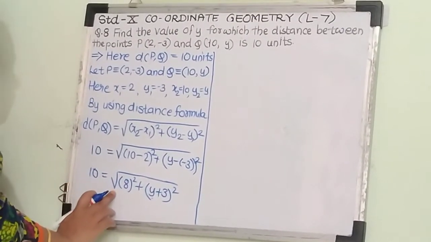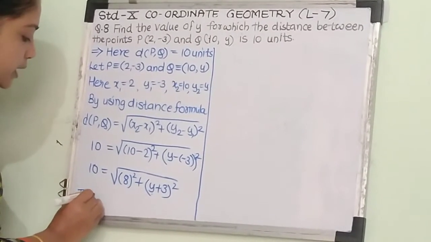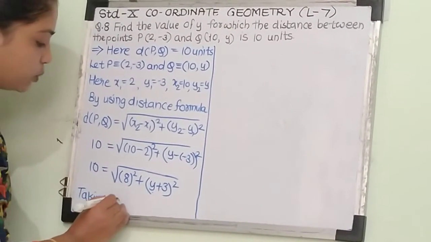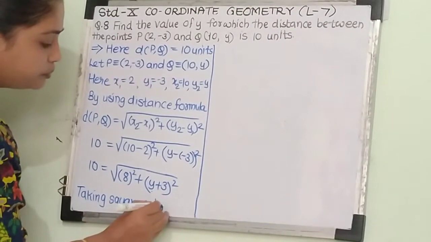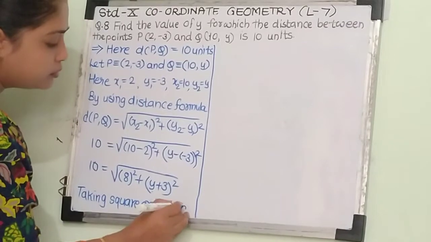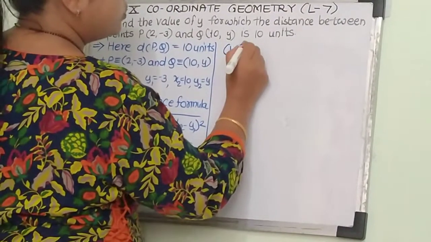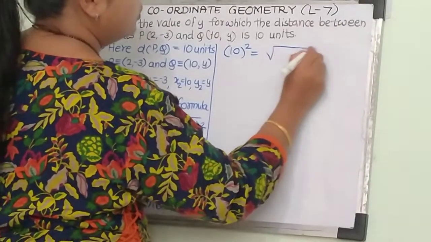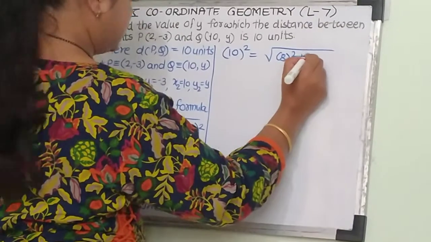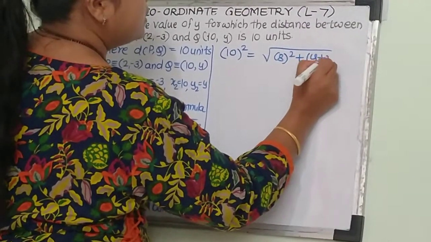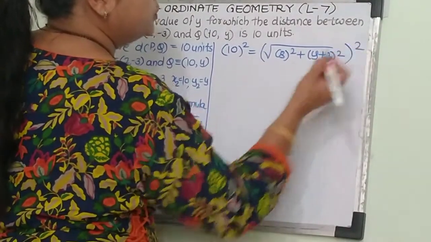See, here is a root on one side and here is a whole number. So we have to remove this root, we have to take square on both the sides. So taking square on both sides, we get 10 square equals root of (8 square plus (y plus 3) square) whole raised to 2.